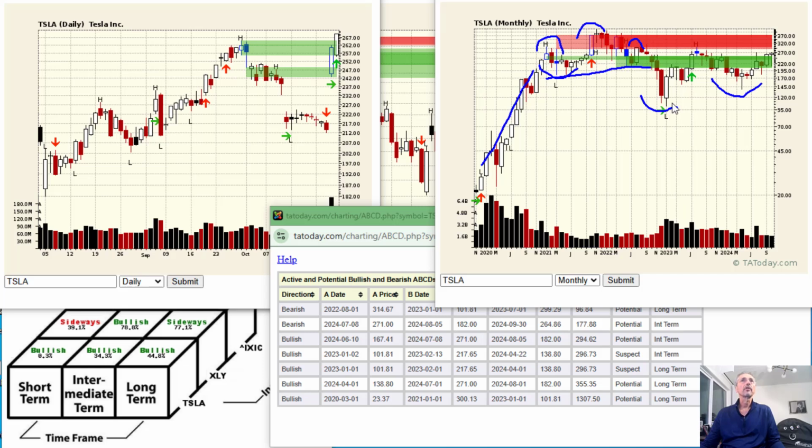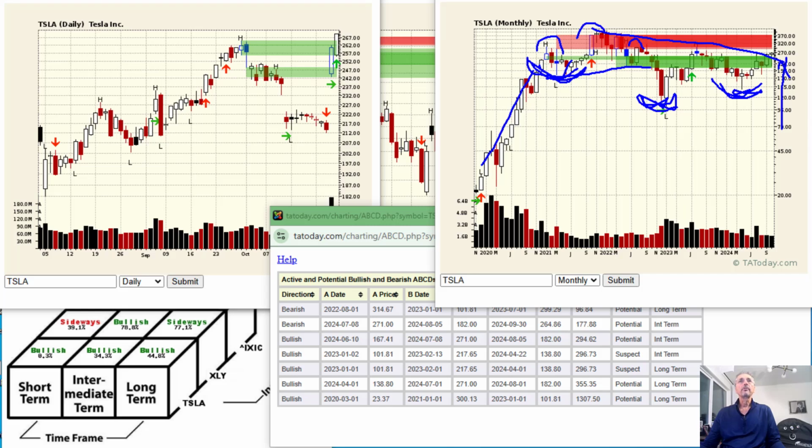Then eventually you find a bottom somewhere and the thing starts to turn around. If it does it in such a way that you set up another inverse head and shoulders, which this had kind of done, you have the potential that when this thing breaks out, that's going to lead to a larger move to the upside.